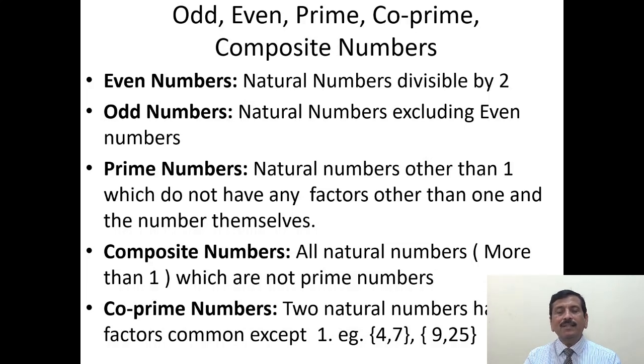Co-prime numbers: any two natural numbers having no factor common except one are co-prime numbers, such as 4 and 7. 4 is a non-prime number, 7 is a prime number. However, 4 and 7 do not have any common factor. 9 and 25 do not have any common factor. After going through the tour of odd, even, prime, co-prime, composite, we'll proceed further.